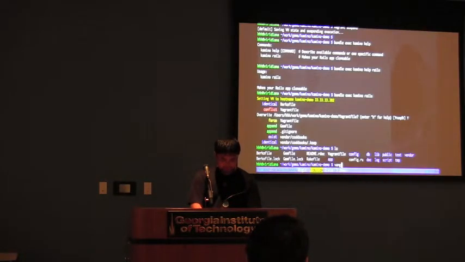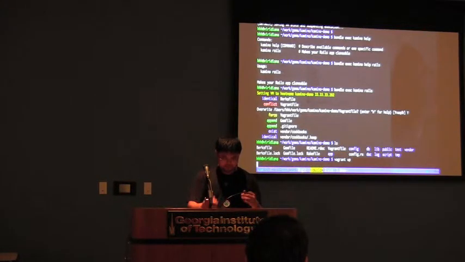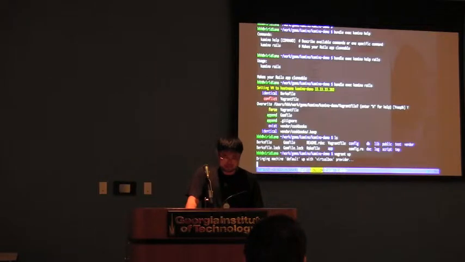And once you have that set up, it's just bringing it up with Vagrant. I'm kind of cheating here because we don't have internet connection, so I just suspended it.